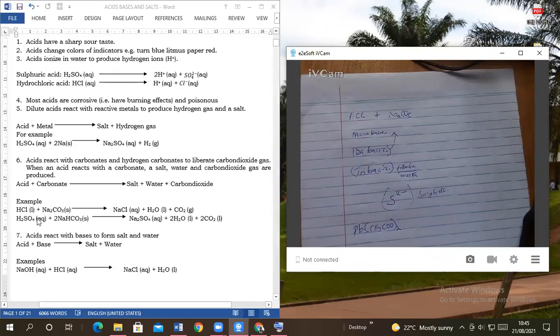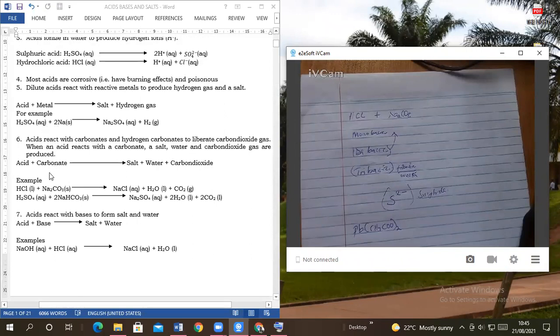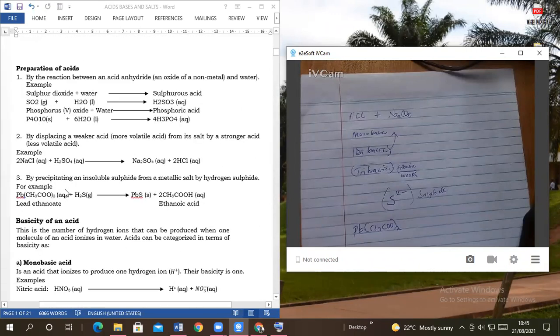Now, if you look at this reaction down here, precipitating an insoluble sulfide from a metallic salt. This metallic salt is here. This is now lead. They have removed the hydrogen, and the 2 is because of the lead. So it has become lead ethanoate plus hydrogen sulfide gas.